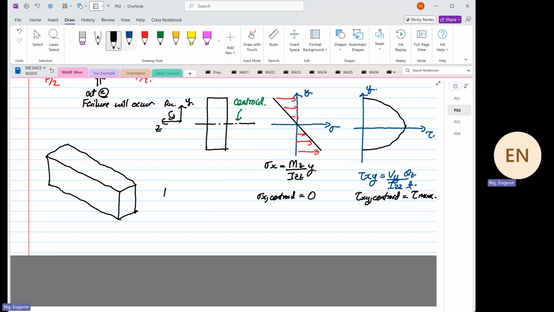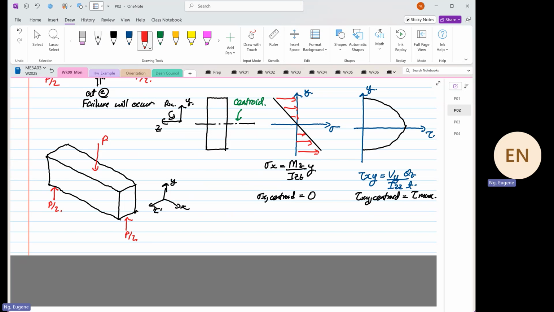So now, if we were to sketch this in 3D, again, this is our X, this is our Y, and this is our Z. And then we have a load P acting on our center, and we have two reactions over here. Now, question for you all.